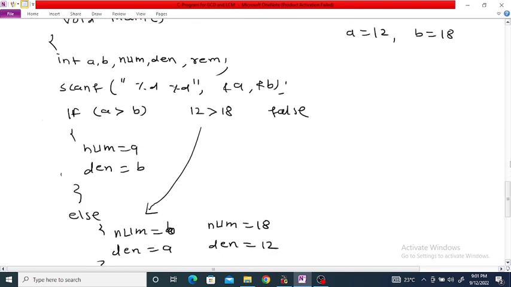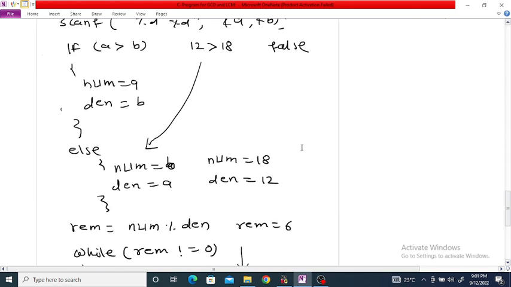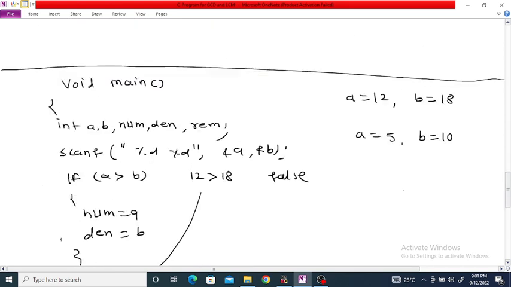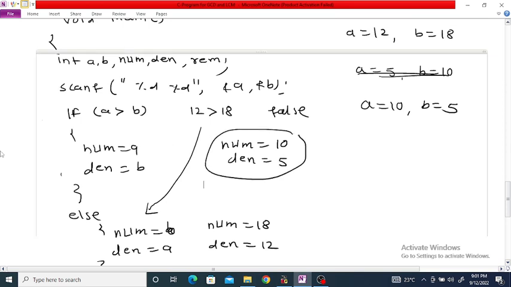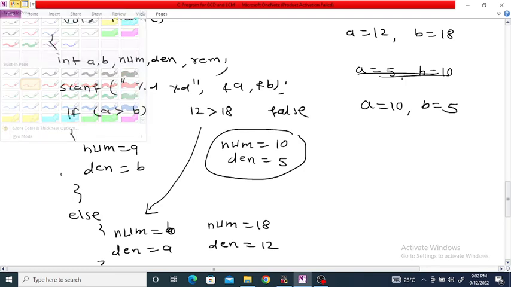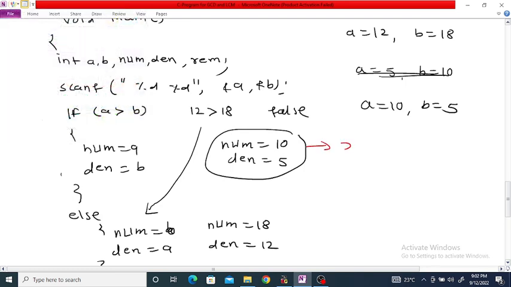Now if we enter numbers like a is equal to 10 and b is equal to 5. Here the condition is true, so numerator is 10 and denominator is 5.